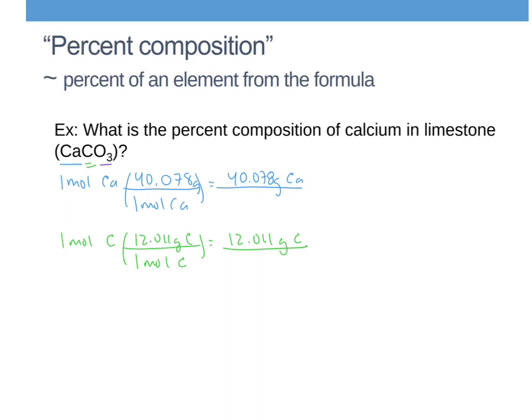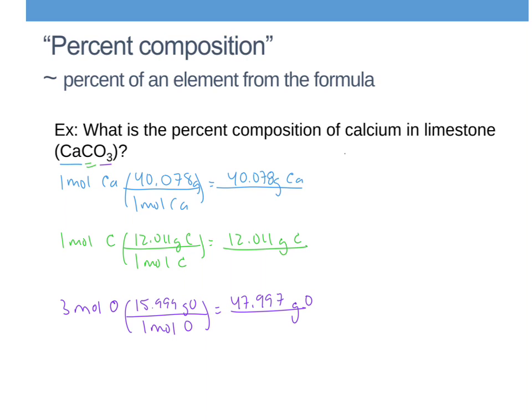And then lastly, oxygen. Looks like there's 3 moles of oxygen for every 1 mole of limestone. So I know that every 1 mole of oxygen weighs 15.999 grams of oxygen. And if I multiply those together, I get 47.997.